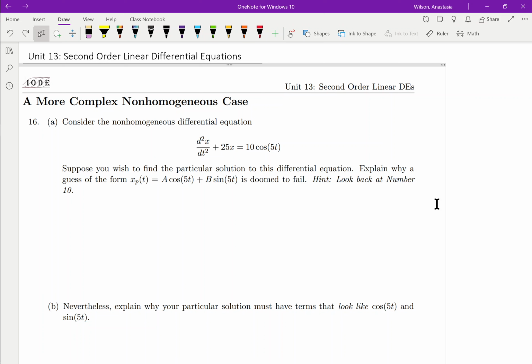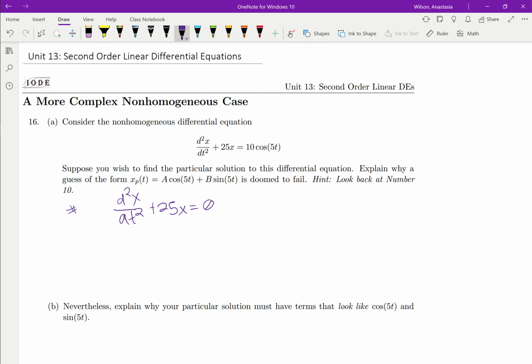Well, I'm not going to go back and scroll to the solution for number 10, but what we did in number 10 was we solved the homogeneous case, which was d squared x over dt squared plus 25x equals 0.